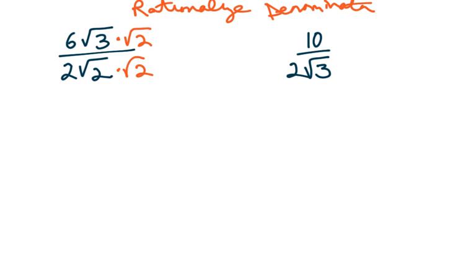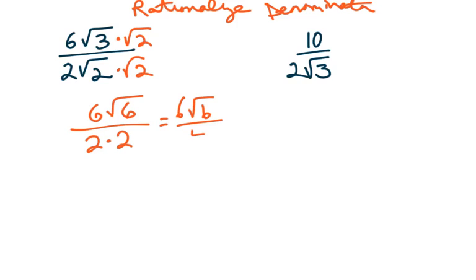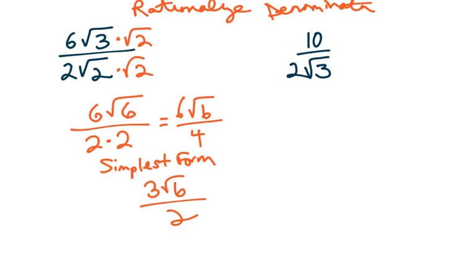So that gives you 6 times the square root of 6 over 2 times the square root of 4, which is 2 times 2. So 6 radical 6 over 4. And then simplest form will give you 3 times the square root of 6 divided by 2, and that's simplest form.